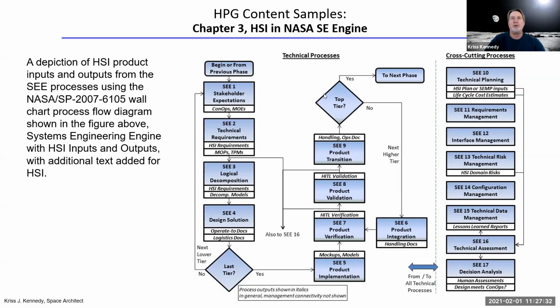So you can follow through the technical process from the standpoint of how systems engineering, through the process that we've talked about, and the different aspects of human system integration are incorporated into this. So as you go through the process that we had talked about for design of hardware and software, you are also doing this process from a standpoint of human-centered design, human system integration. And you can see the process flow here, and then the cross-cutting processes on the right side.